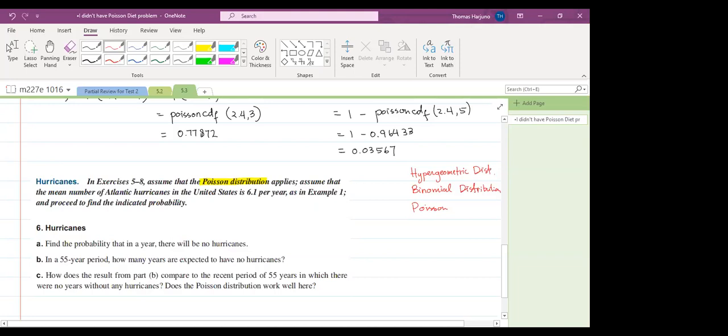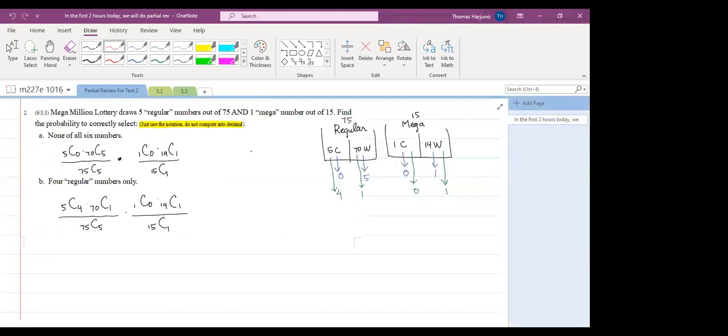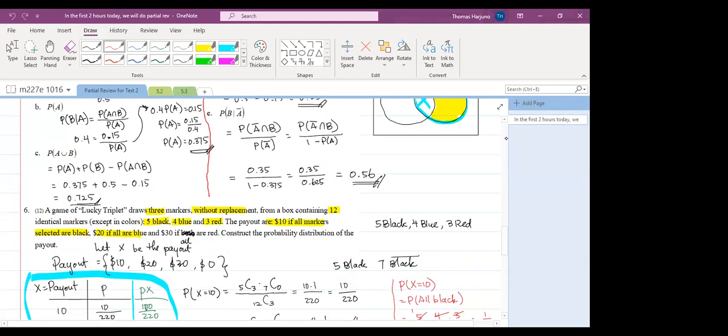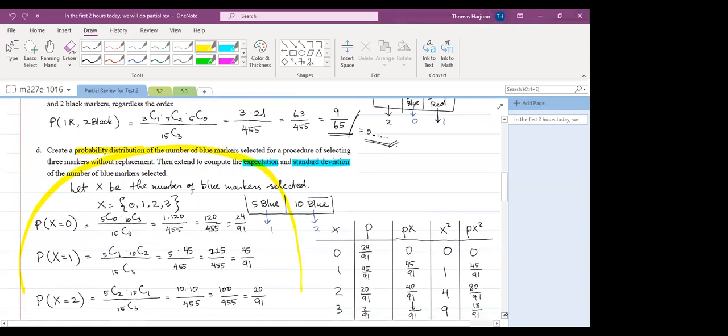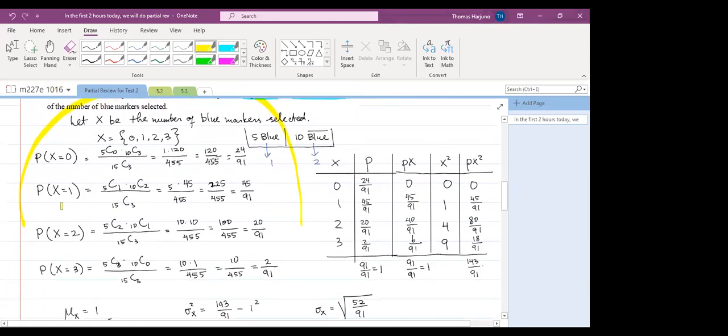Hypergeometric distribution has something that looks like this. That's hypergeometric distribution.